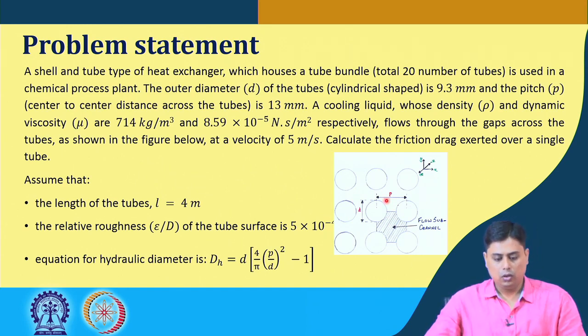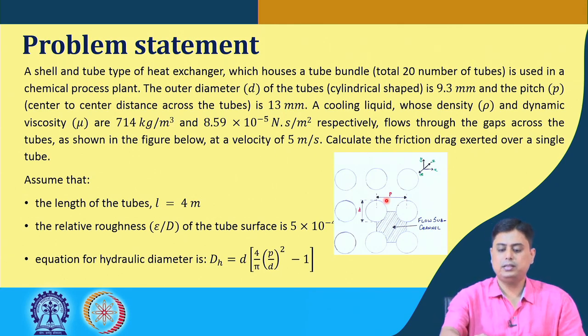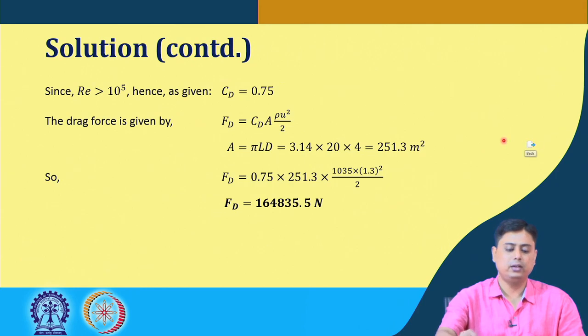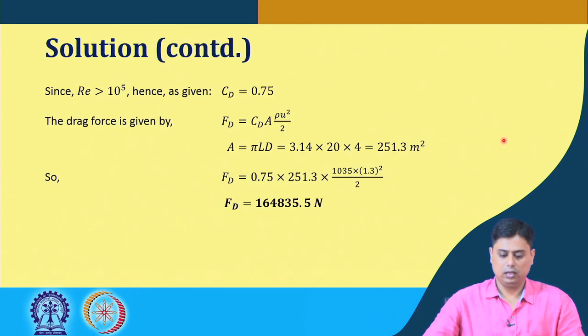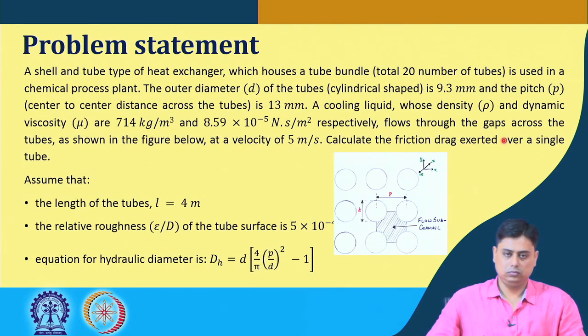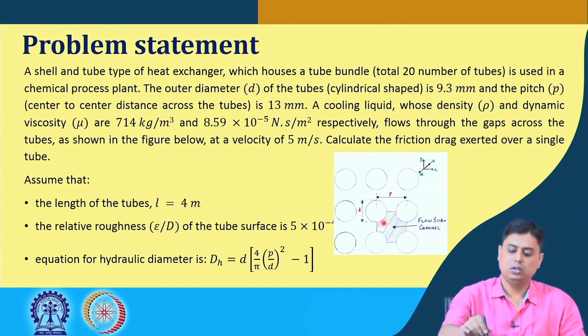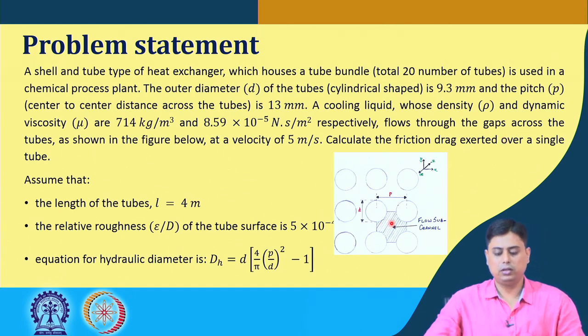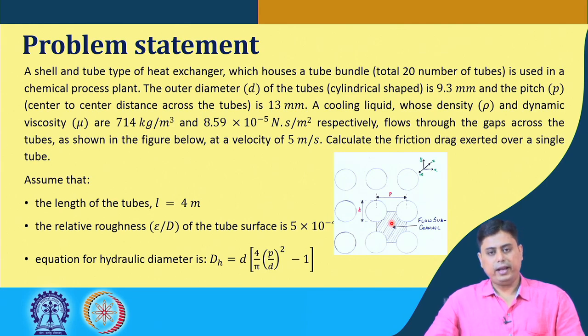Okay. So, in that case, the question is to calculate the friction drag exerted over a single tube. The water flows perpendicular to the depth of this slide, and you can see what the friction drag exerted on one tube is.